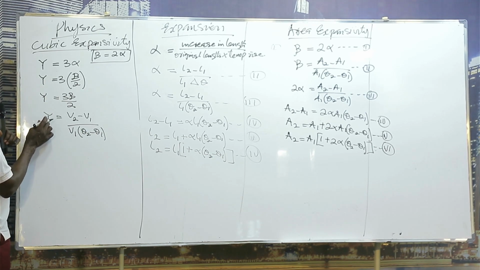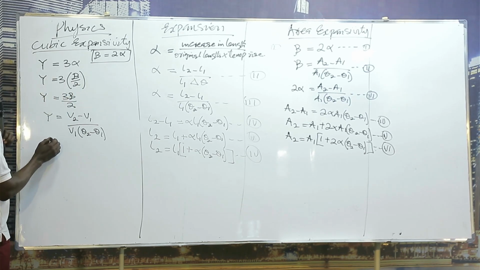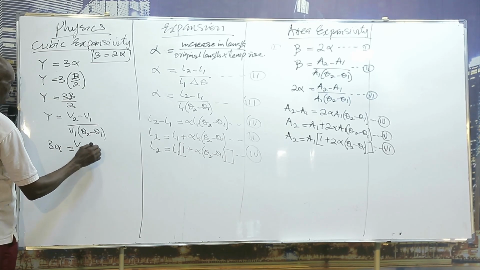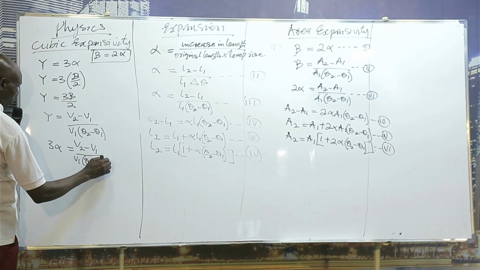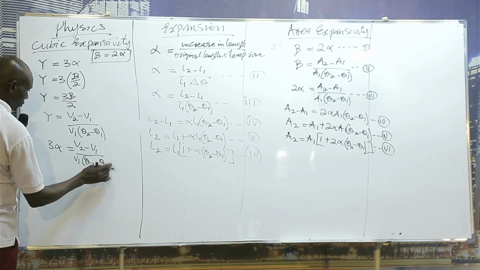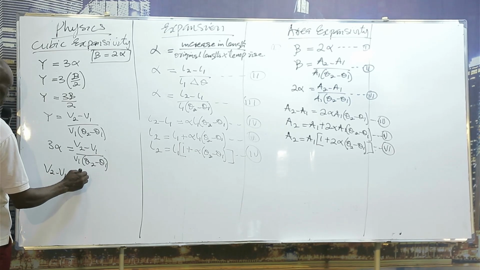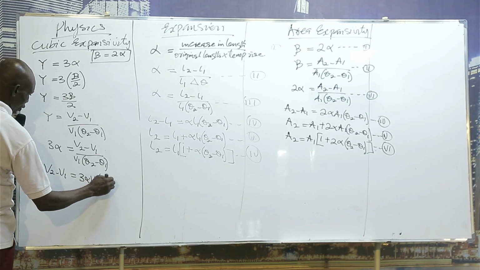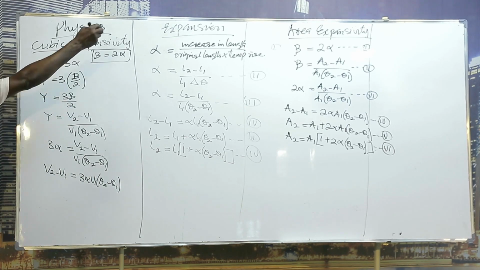And this one already has been given as 3 alpha. So I can say 3 alpha equals V2 minus V1 over V1 into theta 2 minus theta 1, which is the same as V2 minus V1 equals 3 alpha V1 into change in temperature.